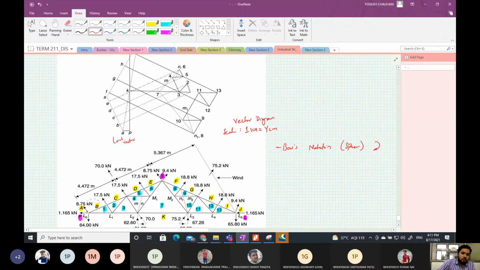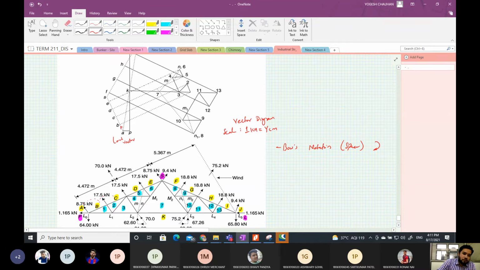So you draw a load in the direction of this A to B vector. You draw a line with 1 kilonewton equal to 1 centimeter, so in that case it will be 8.75. This length will be 8.75 in the direction of this arrow. Then from B to C there is 17.5 kilonewton.